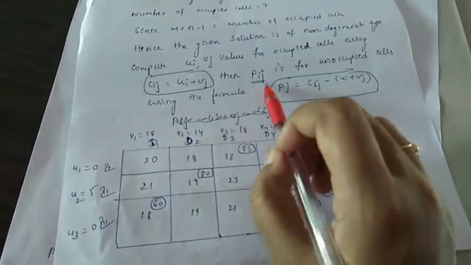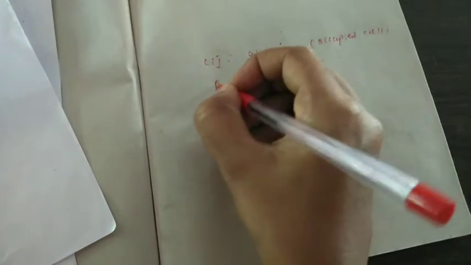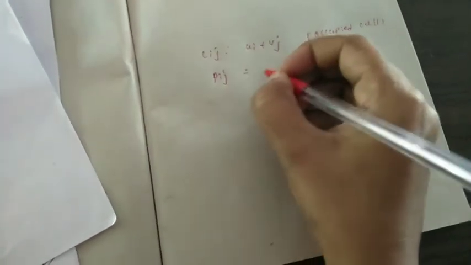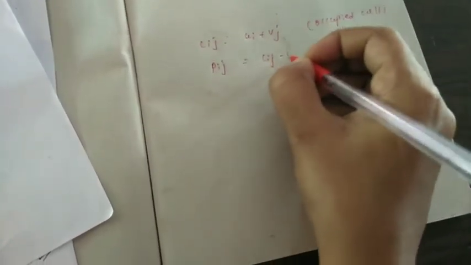So the formula for occupied cells is Cij equal to ui plus vj. The formula for unoccupied cells is Pij equal to Cij minus (ui plus vj).